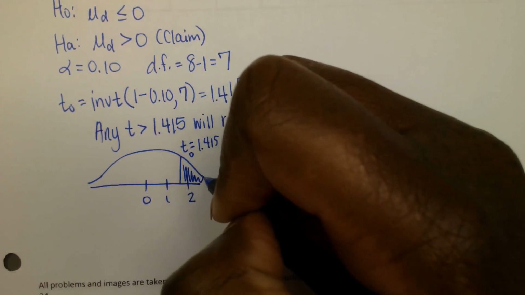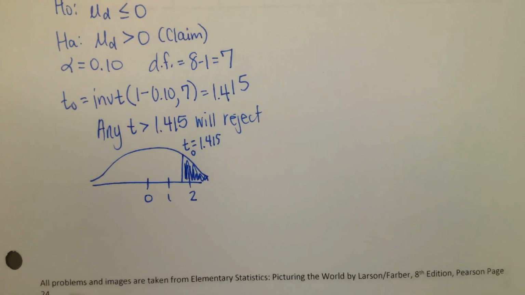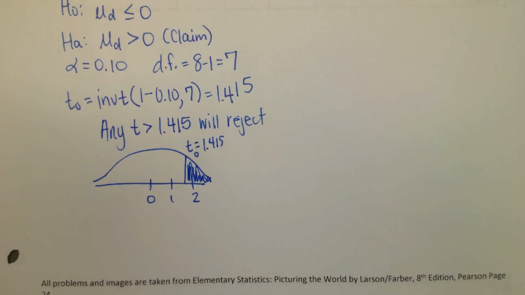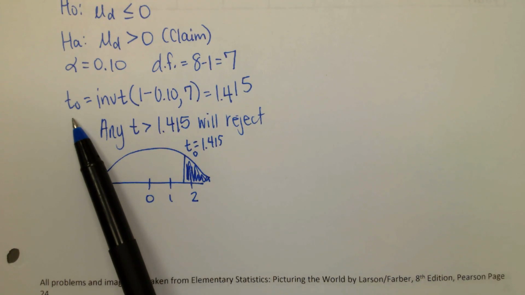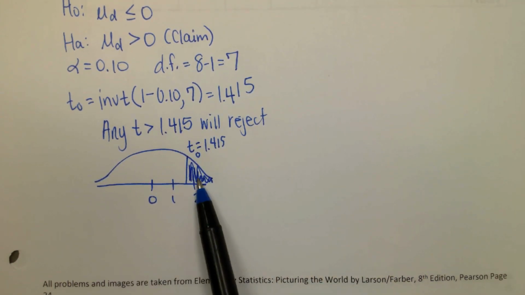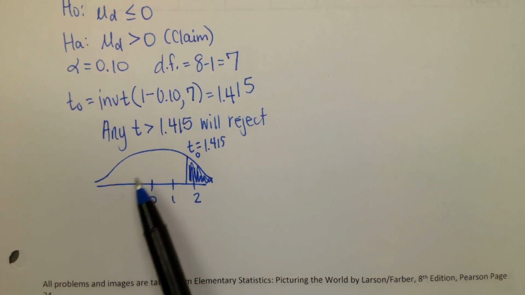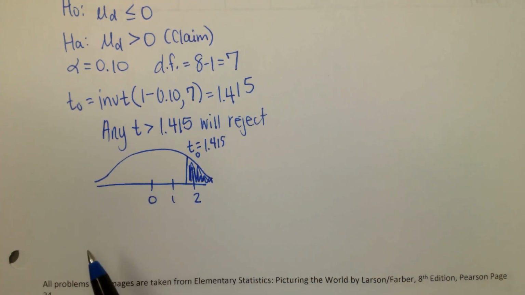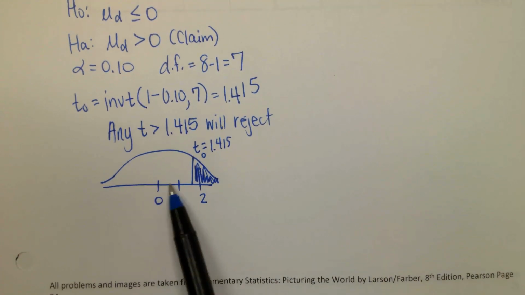This is our rejection region. There's our cutoff for t-naught. Any t that falls in here will reject. If it falls outside of here, this is a fail to reject. So fail to reject H0, this is our region.